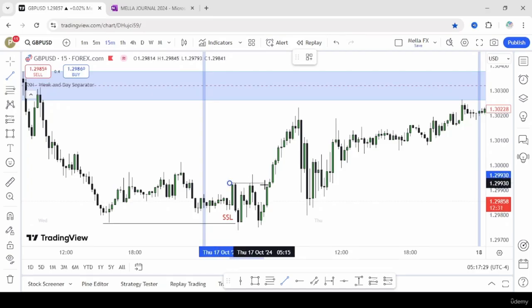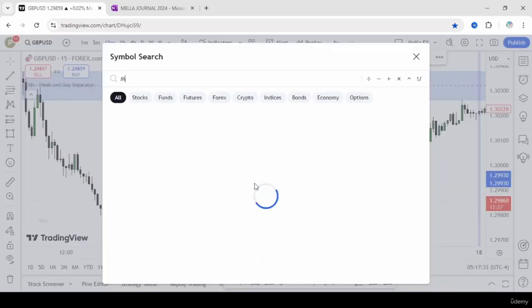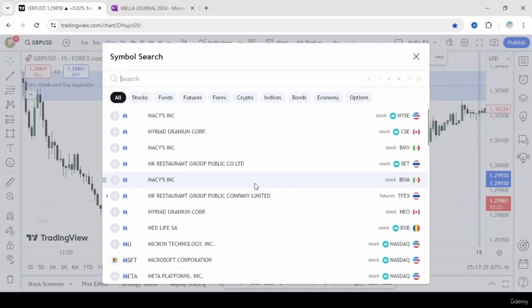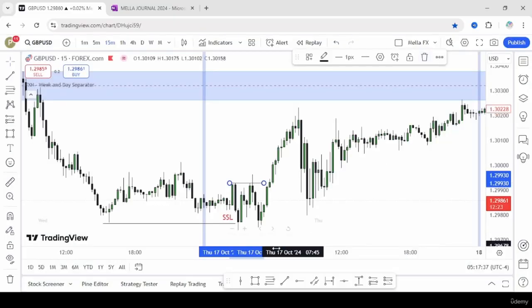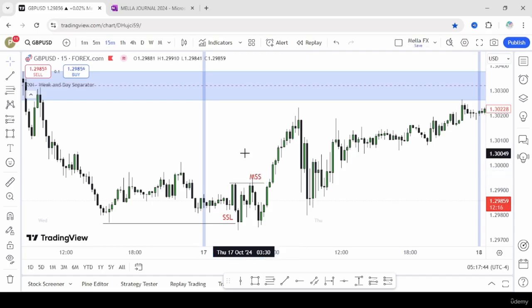So what we are interested in is here. This is the market structure shift.